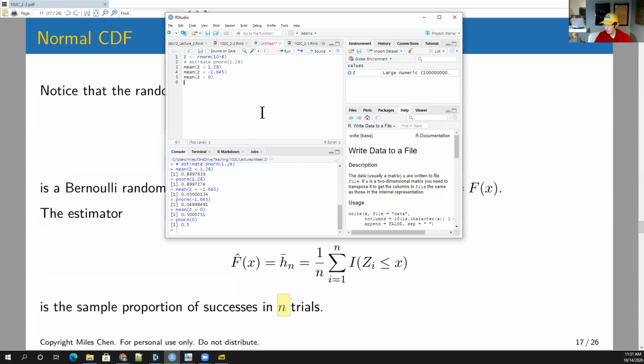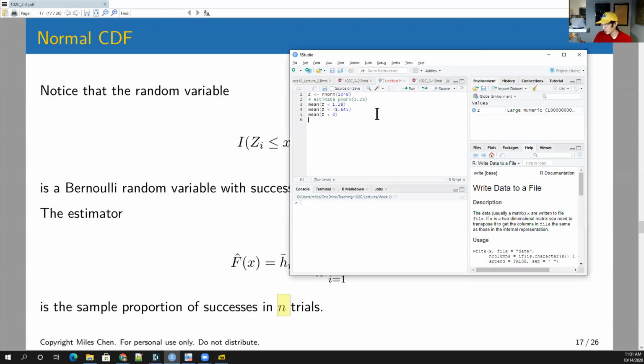It feels a little silly, but suppose somebody said, I need you to tell me the cumulative probability that a normal value is less than 1.28.